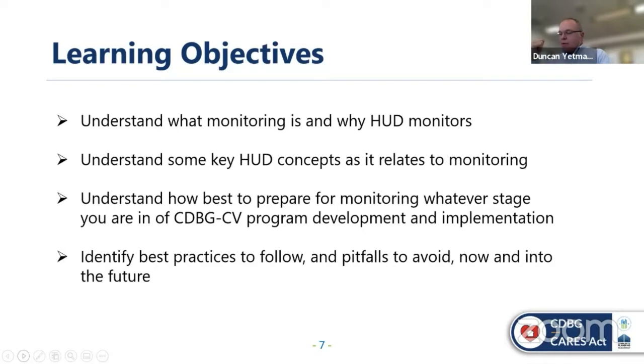It is not something that you concern yourself with for a season, for only the week that HUD is in town during a monitoring visit, or for when you get a letter from HUD for which you're asked to provide a response. It is something much more than that, and the best grantees understand that.